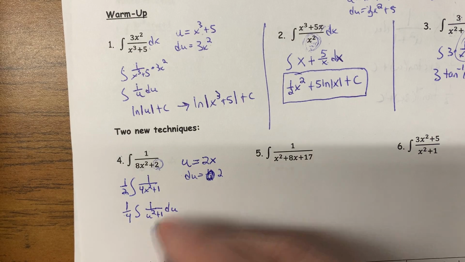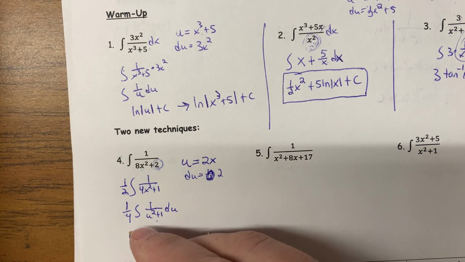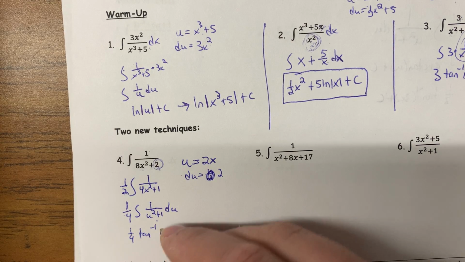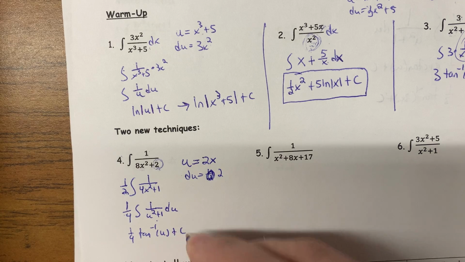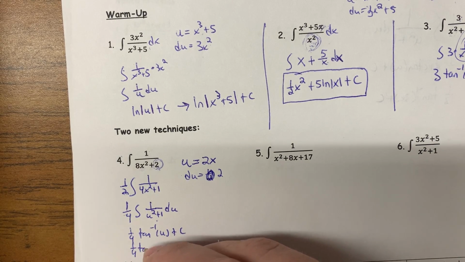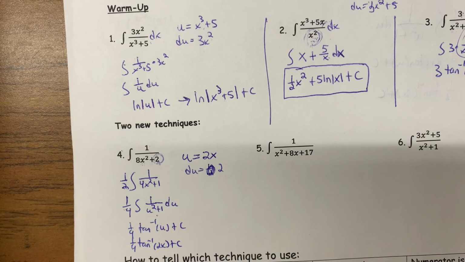This is du, and now I can do this integral. This is 1/4 tangent inverse, or arctangent, of u plus c, and u was 2x, so 1/4 tangent inverse of 2x plus c.